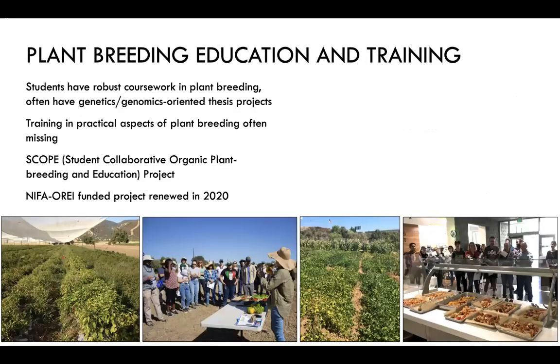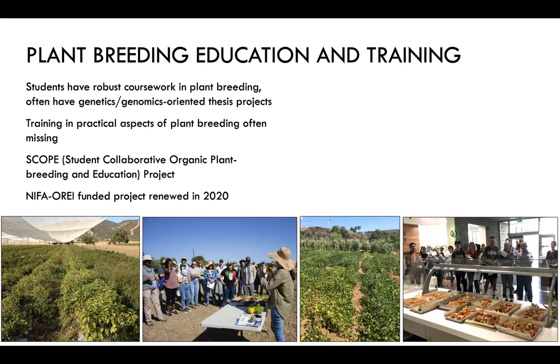Okay, I want to switch over and talk about SCOPE now for a few minutes. One of the things that I've always felt at the various places I've been over the years is that our students get a good training in coursework, in plant breeding, genetics, genomics. I mean, there's lots of gaps. Everyone has gaps and we can't cover everything.